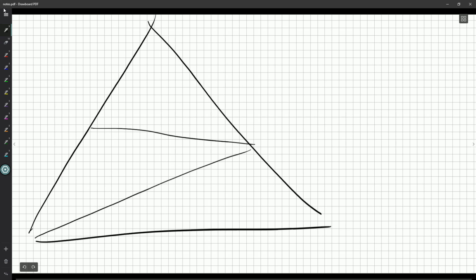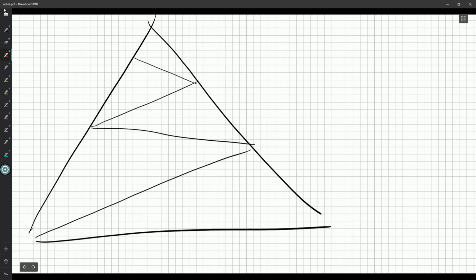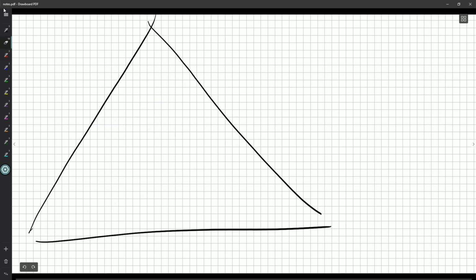And then that one needs to go up there, and that one needs to go there. No, I have too many here. It's just one zigzag. There we go. K, 2K.